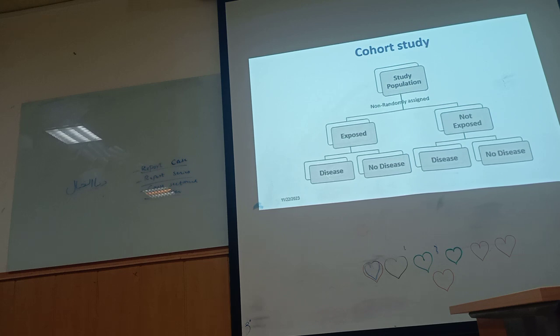So we follow our study population for a while, maybe short periods or maybe long period, to see if the disease development is different between these two groups. This is the design of cohort study. Okay? In this study, we can actually calculate risk.